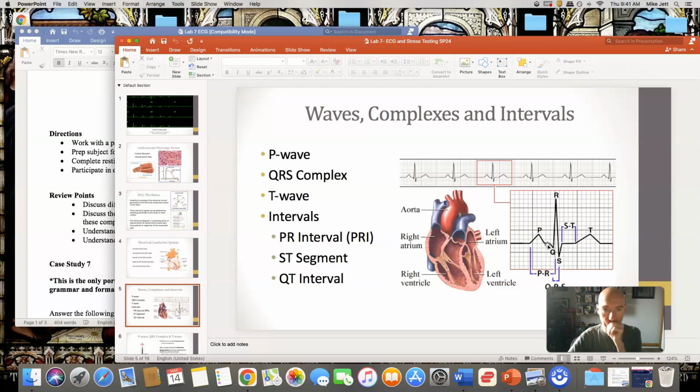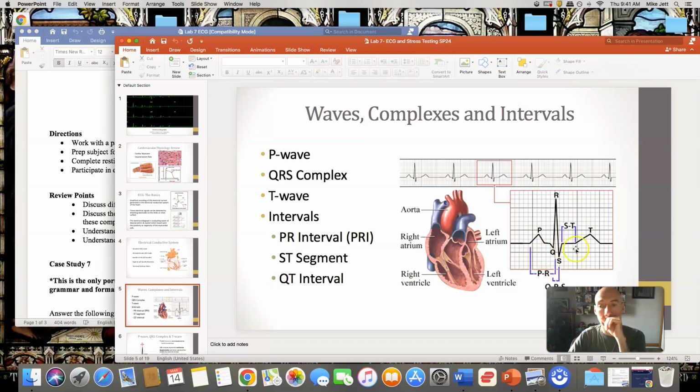That one represents the AV nodal delay. So blood passively is moving from the atria to the ventricles prior to ventricular contraction. And then over here, the ST segment is the segment that is useful for the diagnosis of cardiovascular disease, but also represents, again, that passive flow of blood out of the ventricles after contraction before the relaxation phase occurs.